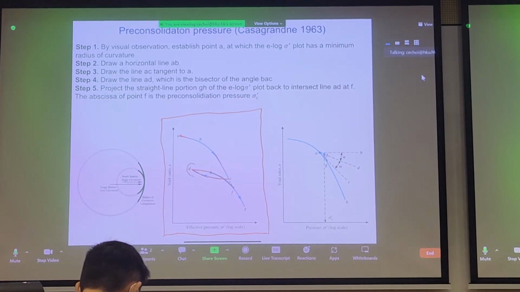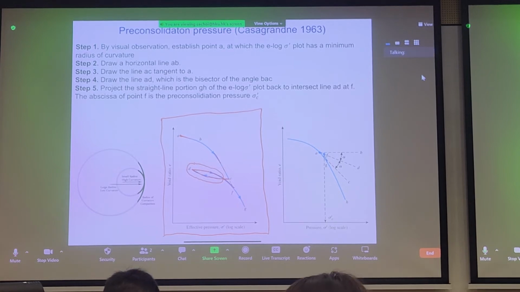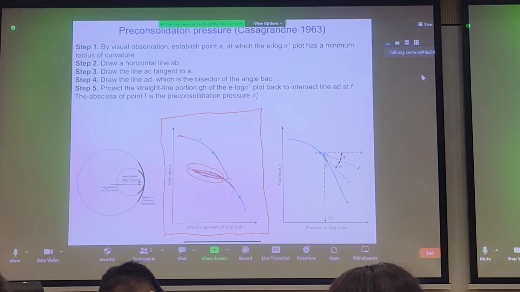So you can see that this loop, the loading and unloading parts, are not the same, and we call this hysteresis, right? Because the loading and unloading curves are different, and this is just due to soil being a natural material. And in most of our theory, we normally assume that a single slope will suffice.